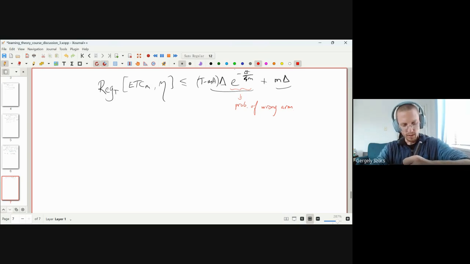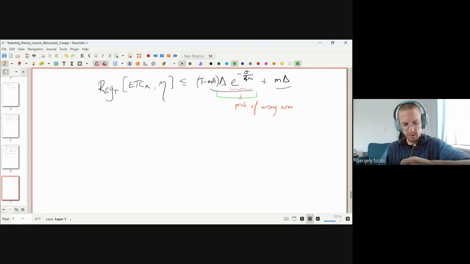So then we can look at this product here, right? Delta times e to the minus delta squared over 4m. So here, if delta is very big, then this exponent is going to be small, and if delta is very small, then the exponent is big, but you multiply by delta, so that part is small.